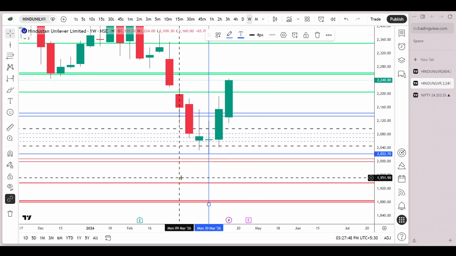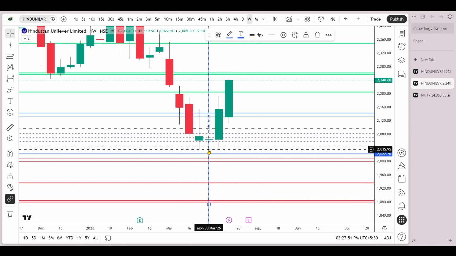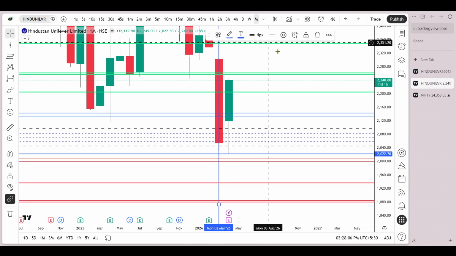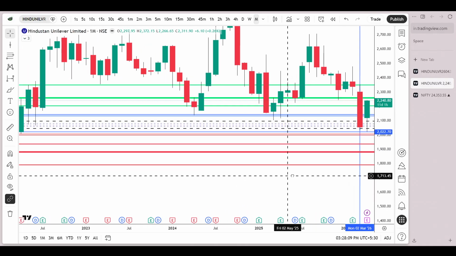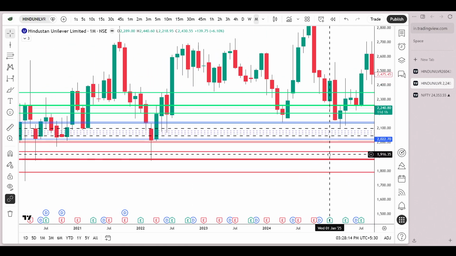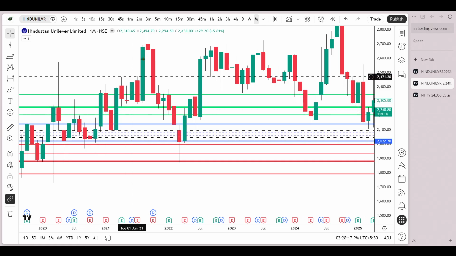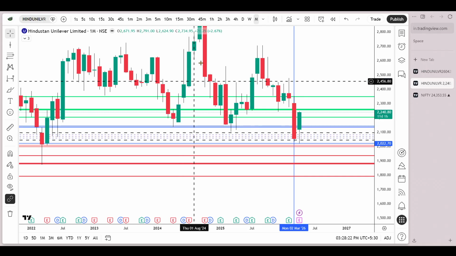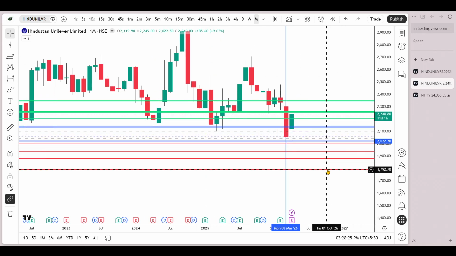One confirmation is the doji candle which has formed on major support. How can you consider this a major support? If you see monthly, this is the major support. From here only it has bounced, again it came here and bounced, again it touched here and bounced. For that reason I consider this a major support.